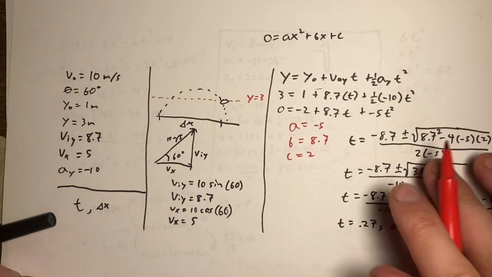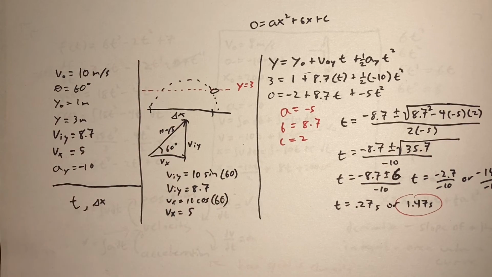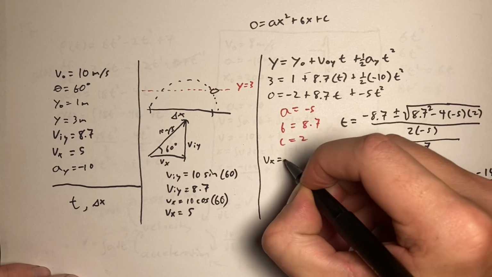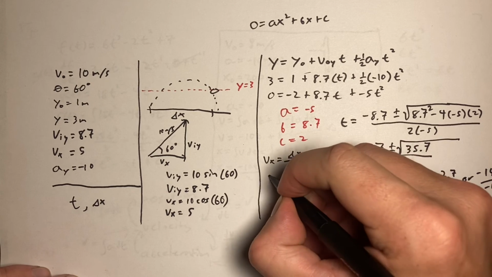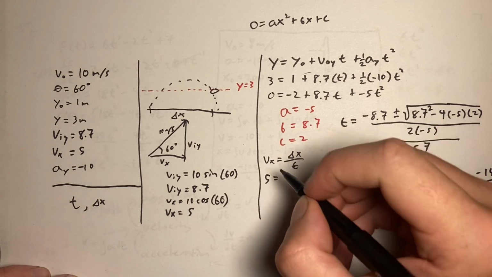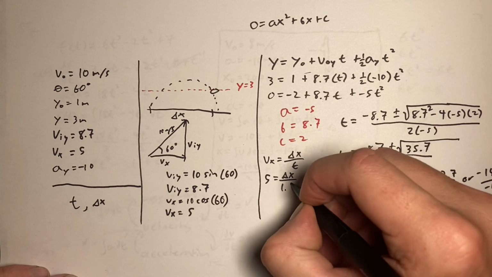So I'm going to say t is equal to 1.47, and the rest of the problem is pretty straightforward. That was the quadratic part. Vx is equal to delta x over t, so 5 is equal to delta x, which is what we're looking for, over 1.47.